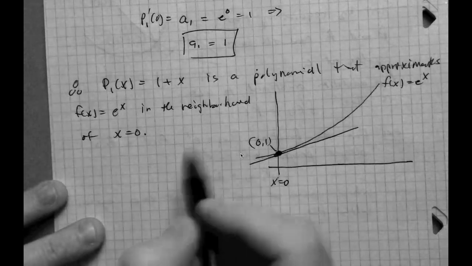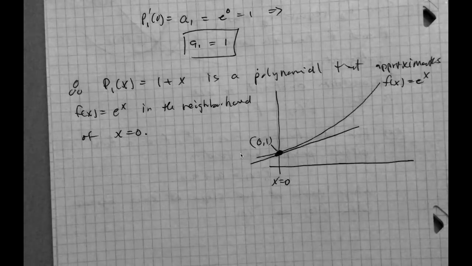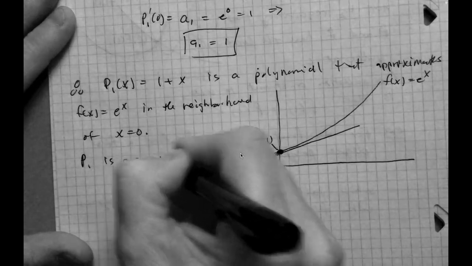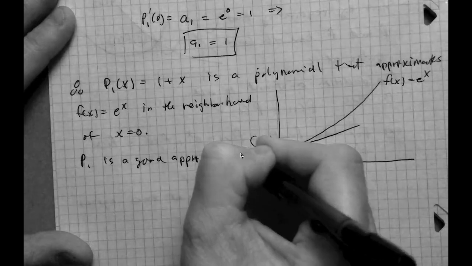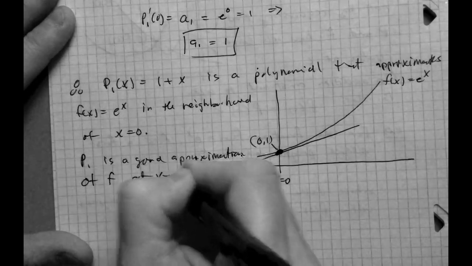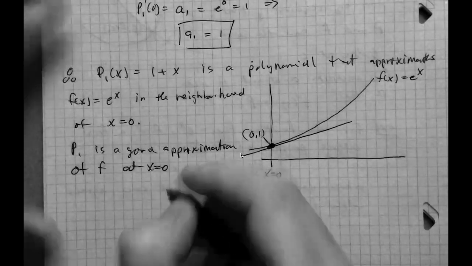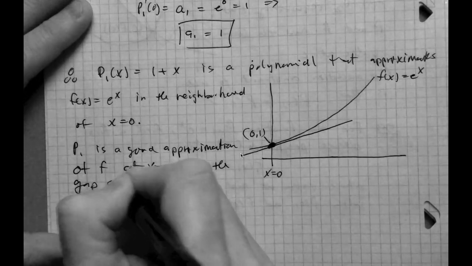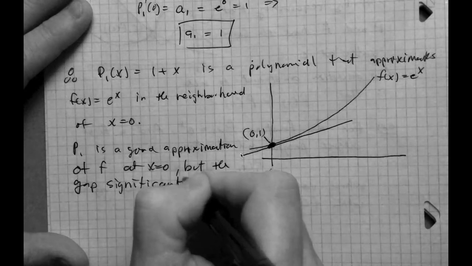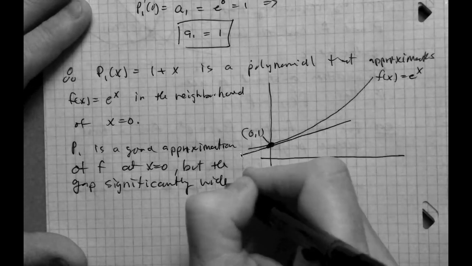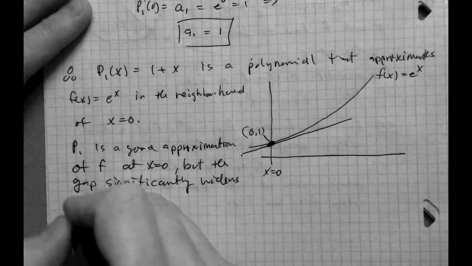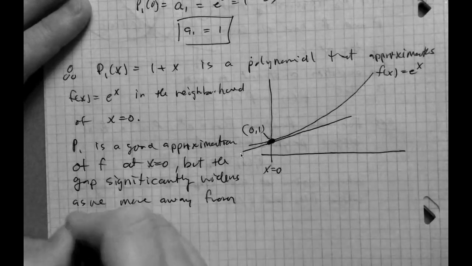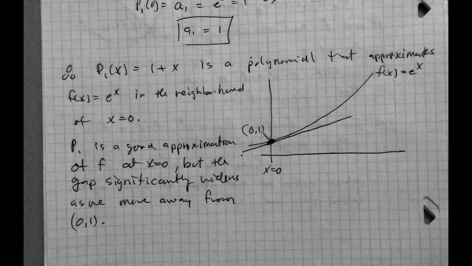Okay, to say that slightly more succinctly, we can see that P1 is a good approximation of f at x equals 0, but the gap significantly widens, I guess, as we move away from 0, 1, and really in either direction.